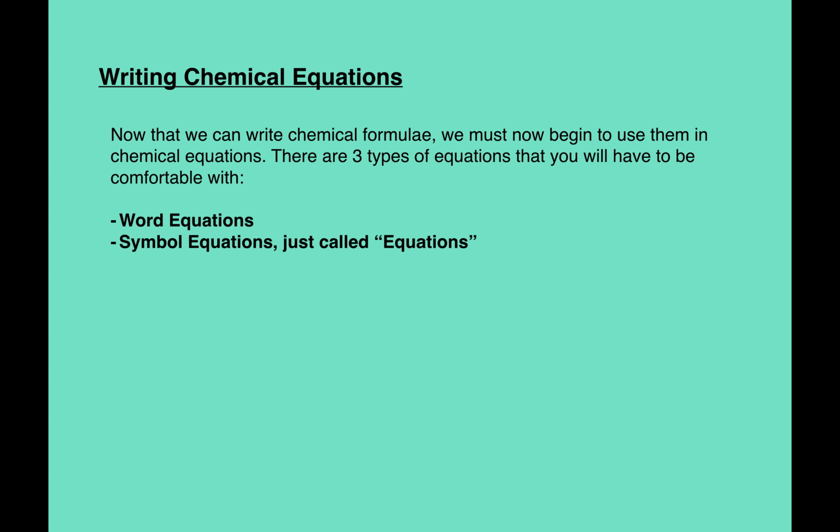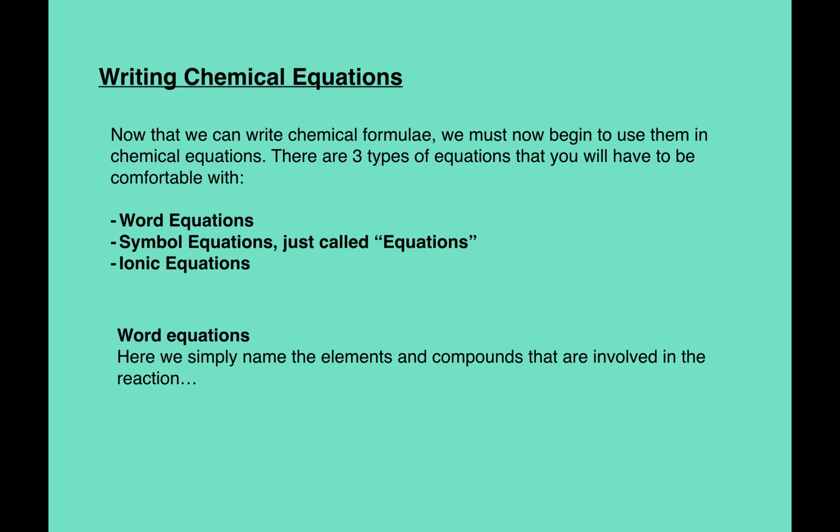Now you're going to start using symbol equations, often just called equations at IGCSE, which involve the symbols of the chemicals involved. And there's a new one called ionic equations, which just involve the ions of the chemicals involved. The word equation is the one you've seen the most of, for example, carbon plus oxygen gives carbon dioxide.